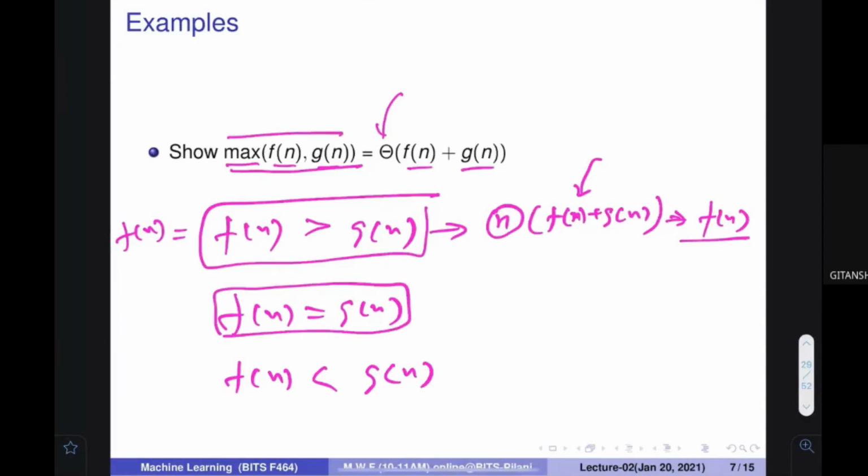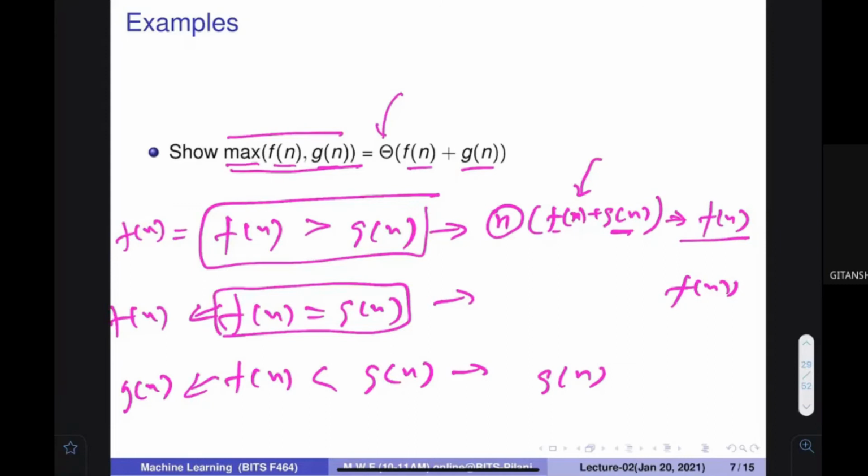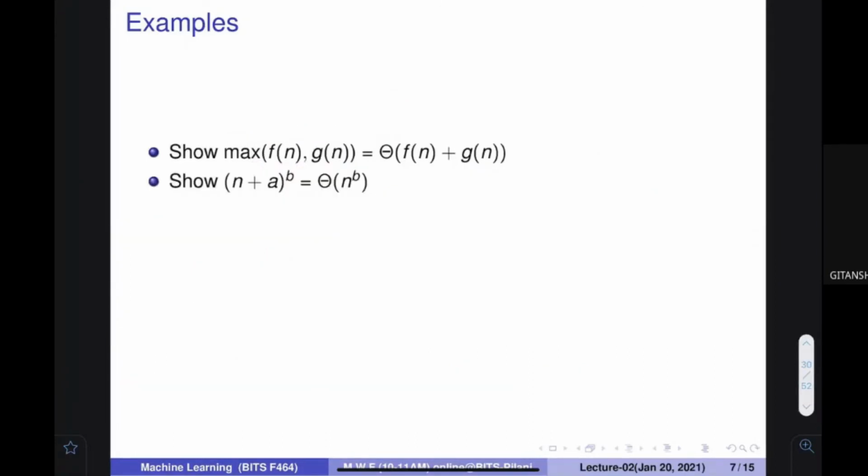If you want to take the max, I can take fn here, and from here also, since both the things are equal, I can say fn. So this is again the same thing. If fn is less than gn, then max gives you gn, and here the biggest term is again gn, so here you get gn. So in all three cases, you can show that this thing holds.